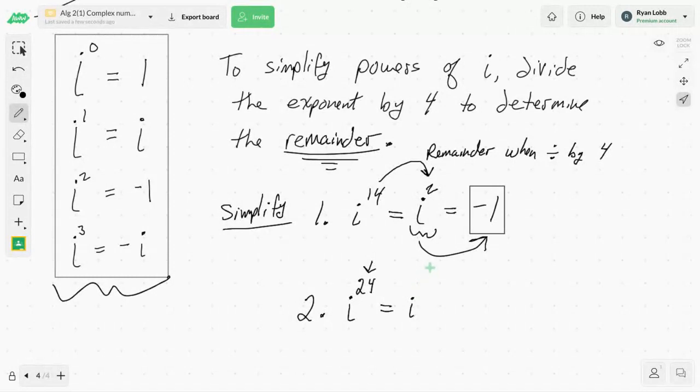Well, 24 is a multiple of 4, which means the remainder is going to be 0. And then what is i to the 0? i to the 0 is equal to 1. Done. All right.